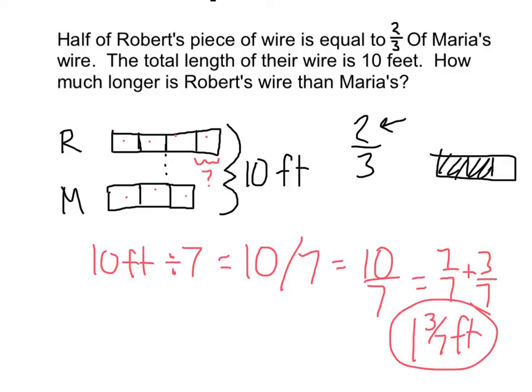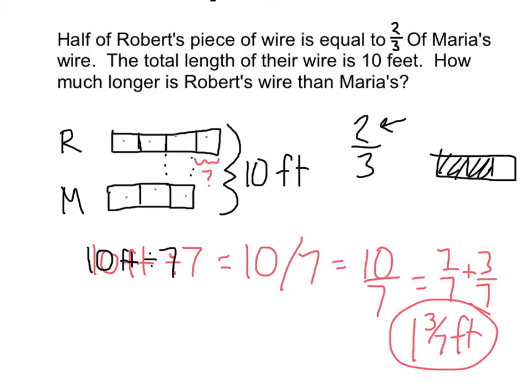So that means that 10 feet divided into 7 equal parts is going to give me my answer for one piece here. So that's that one piece. So let me draw that here.